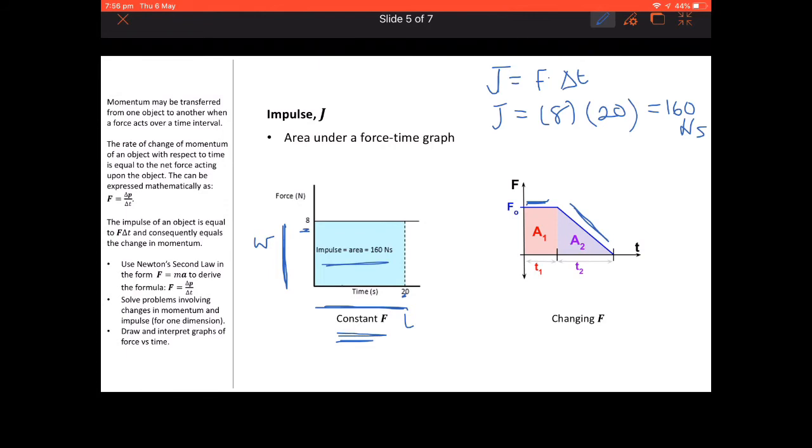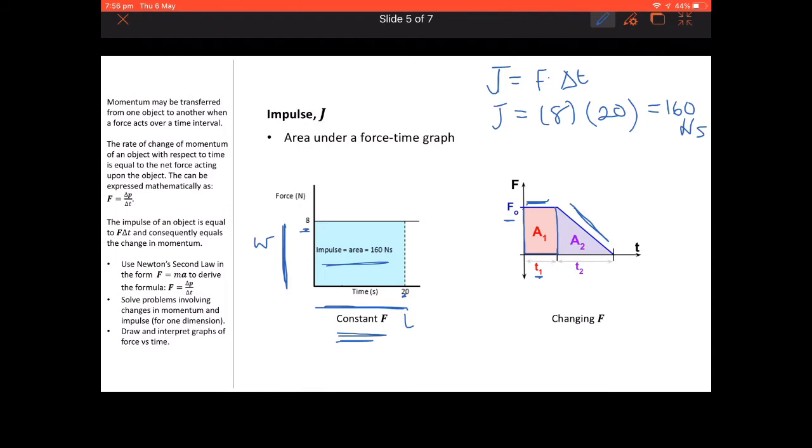So you can just use your rectangle area formula here, which would be the length, which I guess in this situation is the force, and then the width would be the time.